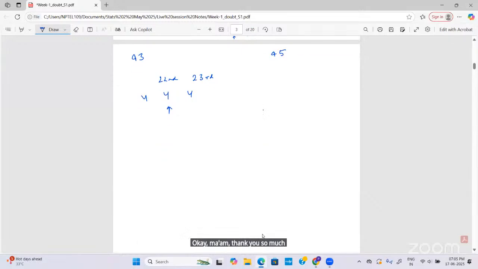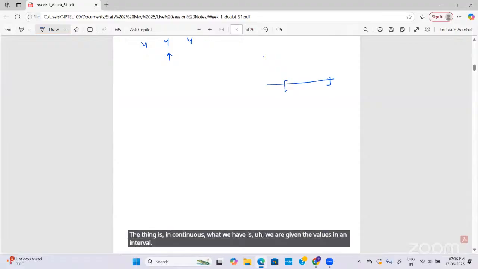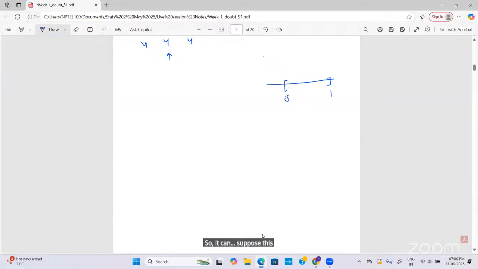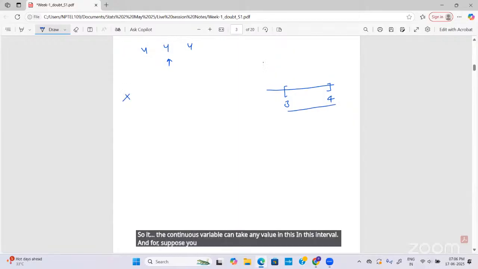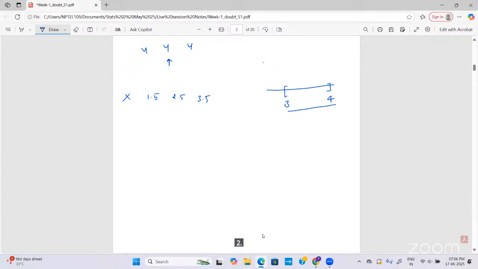The thing is, in continuous data, we are given the values in an interval. Suppose this is 3 and this is 4. The continuous variable can take any value in this interval. Suppose you have a variable x taking 4 different values: 1.5, 2.5, 3.5 and 4.5, only these 4 values.